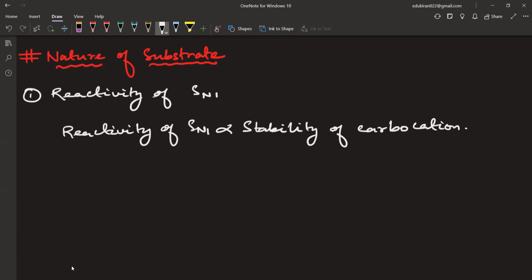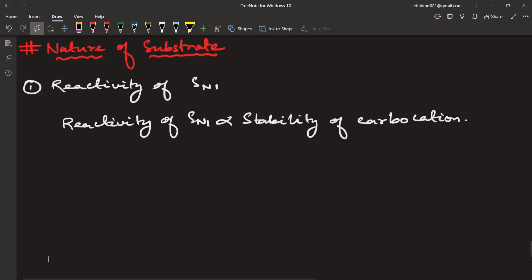So whenever you are asked to write the order of reactivity or rate of reaction for SN1, you will draw the carbocation and check which of them is more stable. In the beginning you will have to draw the carbocation, but after a while you will be habituated and can easily tell which is more stable.